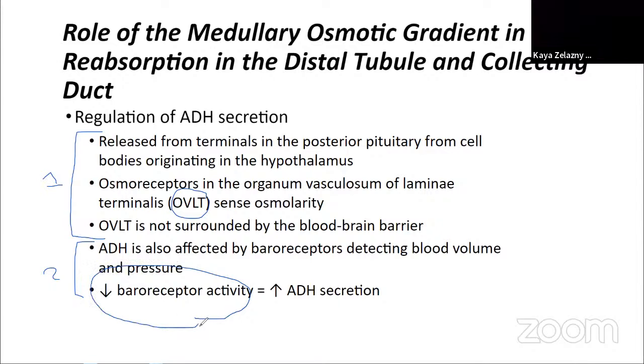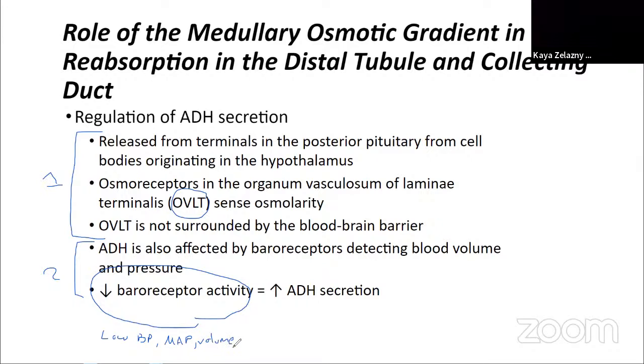So basically, what would this mean about MAP? Does anybody remember if we have low baroreceptor activity? Yeah, exactly. So this is going to be corresponding to low blood pressure, or low MAP, or low blood volume.